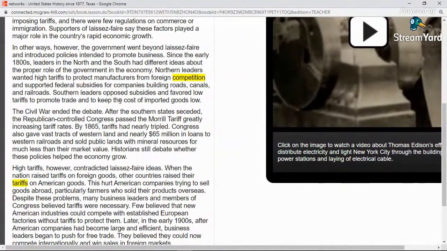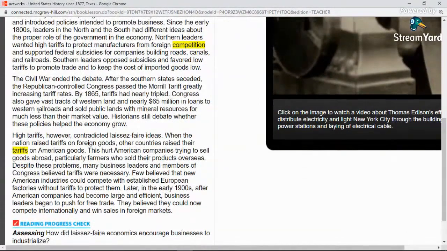So after the Southern states seceded, the Republican-controlled Congress passed the Morrill Tariff, greatly increasing tariff rates. So in 1865 tariffs tripled, and Congress gave a whole bunch of land to the West, $65 million for them to create railroads. They sold public lands and mineral resources. And there's a debate on whether these were the policies that helped the economy grow.